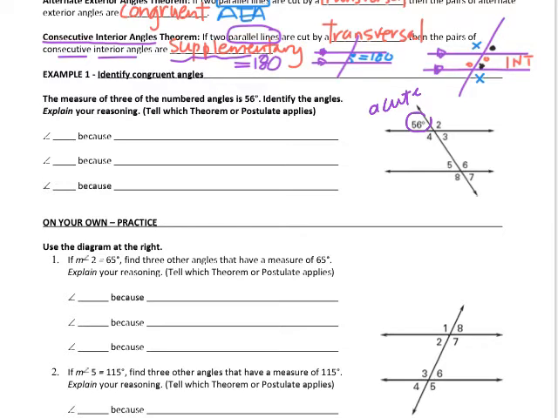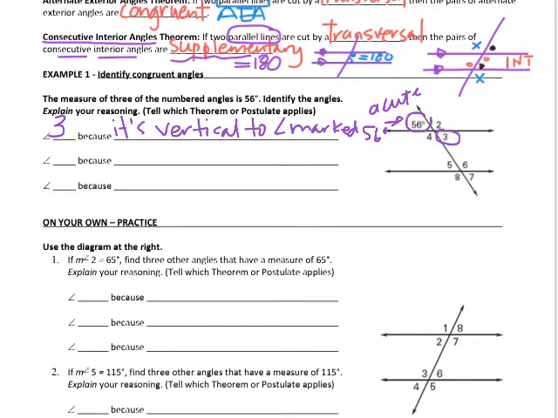For the first one here, we see that it's 56 degrees. The one that's closest to it that I would identify is this one here, angle 3, because it's vertical, and remember, vertical angles are congruent. It's vertical to the angle marked 56 degrees.